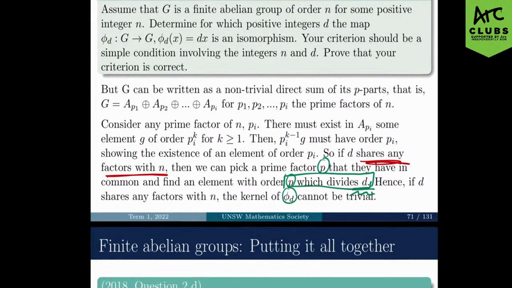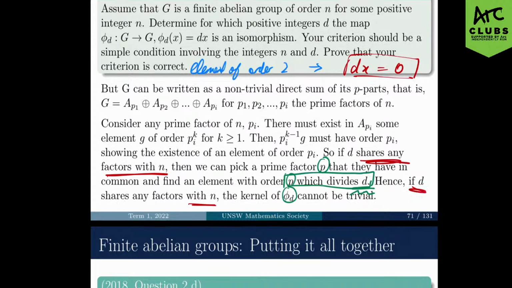For example, if n and d have common factor 2, which we are assuming, then we can find an element of order 2. And then we can show that that element satisfies dx equal to 0, because d is a multiple of 2. So if d shares any factors with n, the kernel cannot be trivial.